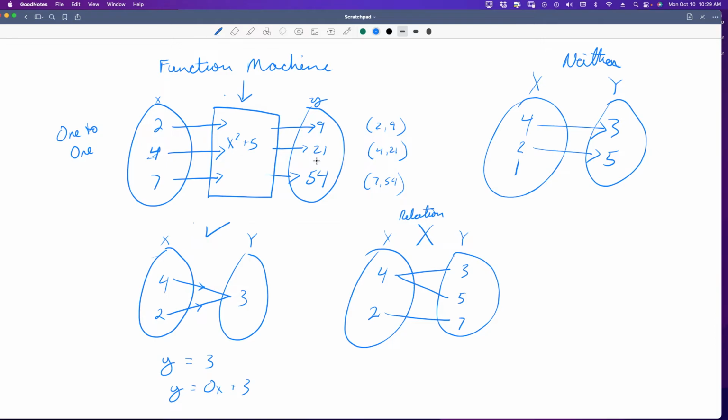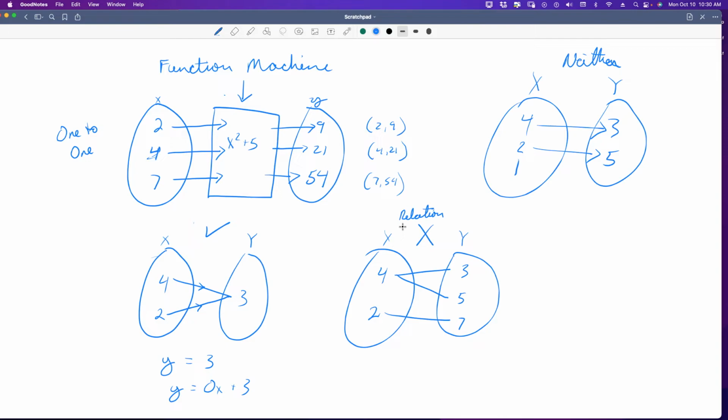Now the y values might not be unique, but the x values will be unique. You're not going to take an x value, plug it into an equation, and get 2 different answers. That's what this is illustrating. So this is not a function at all. It's just a group of points that happen to be in a set together. It's not actually going through a function machine.